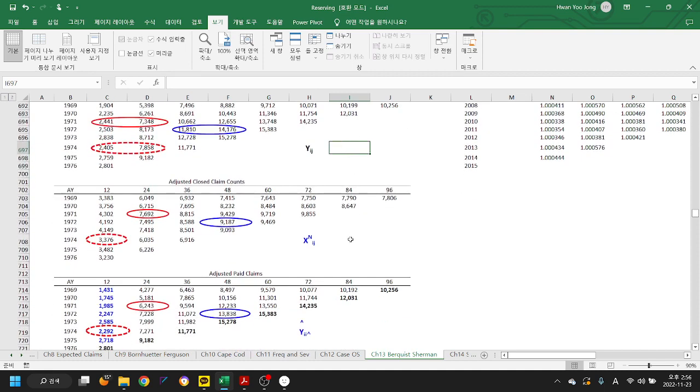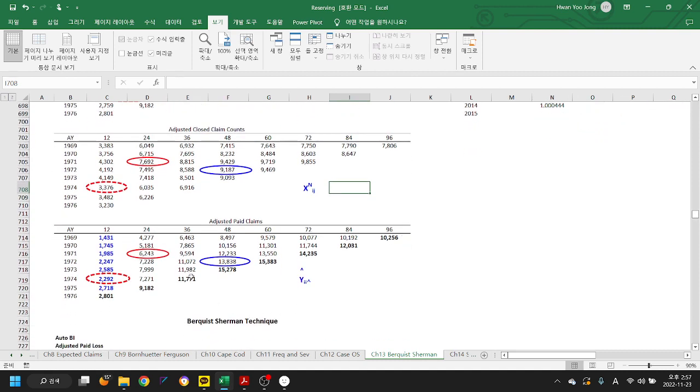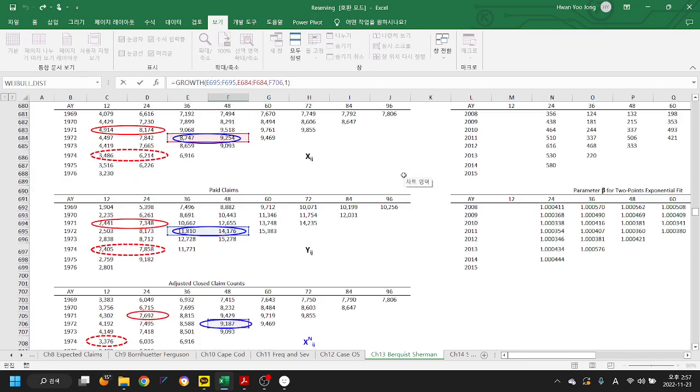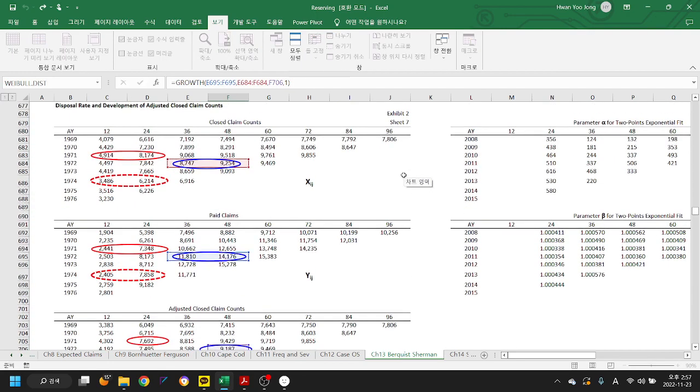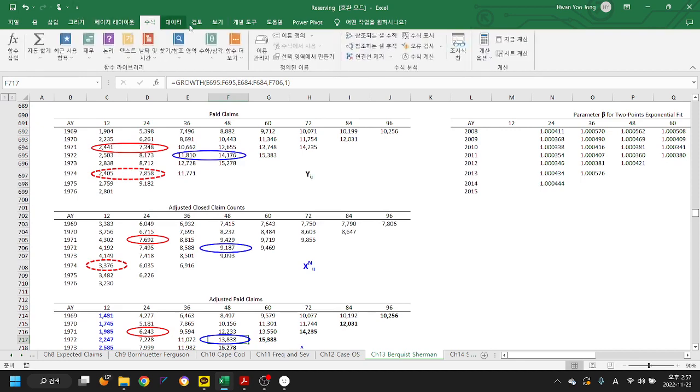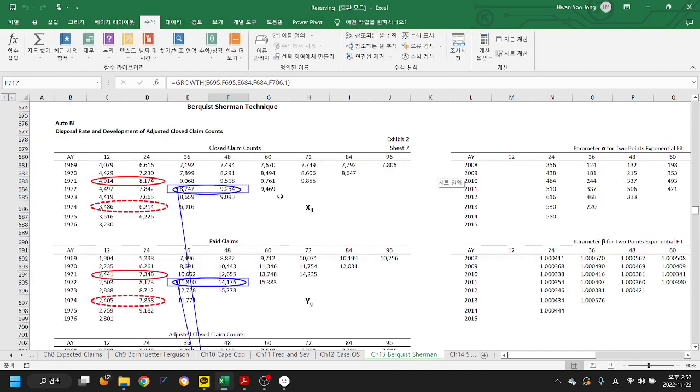And for the prediction itself, to restate the paid loss amount, I use this closed claim count as a new independent variable. And when I restate it, for example, here there's a circled one. When you look at the formula, this is input to a 2-point regression, right?